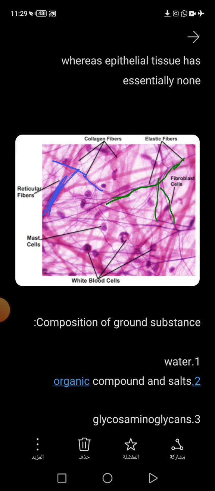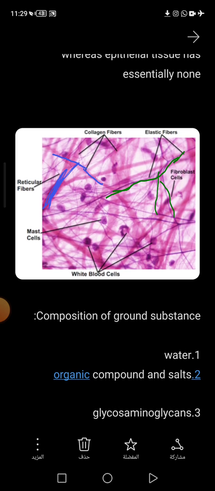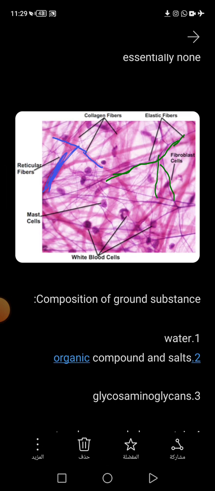But collagen fibers are a little bit thicker than elastic fibers, okay? Simply you should know those. But the reticular fiber is thicker than both, okay? This is just a morphological way to recognize them. I will explain in other videos; they're different in structures and locations, okay? So simply, elastic fibers are just like hair.